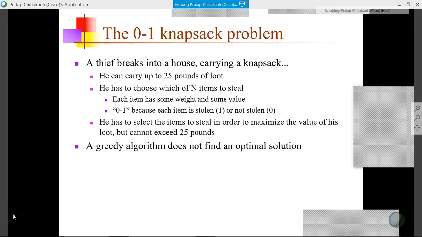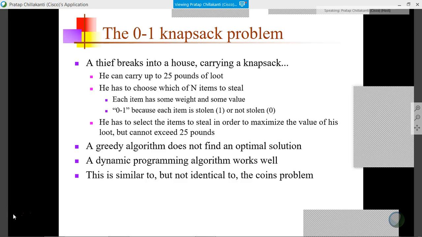Okay. Now we have seen that a greedy algorithm does not find an optimal solution for that. It may or may not find one, depending on the parameters, right? For the 0-1 knapsack, it has been shown that dynamic programming works very well. And I made a note there for students saying the knapsack problem is very similar to the coin problem.